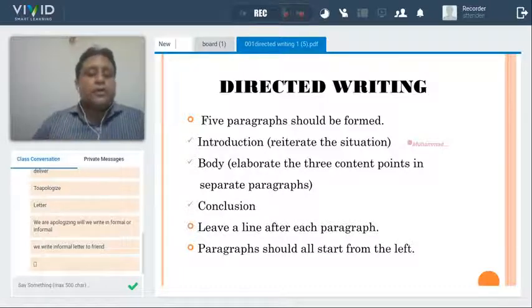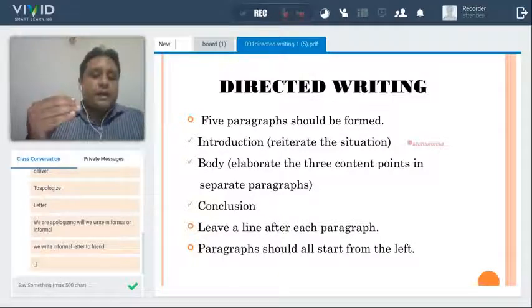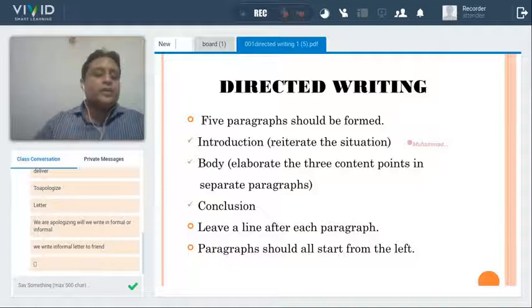Body. Let's move on to the body. The body has 3 paragraphs. We are done with paragraph 1, that is of introduction, in which we'll talk about the purpose and situation. Body has 3 paragraphs, paragraph number 2, 3, and 4. And you remember in the question, we read about 3 content points of ours.